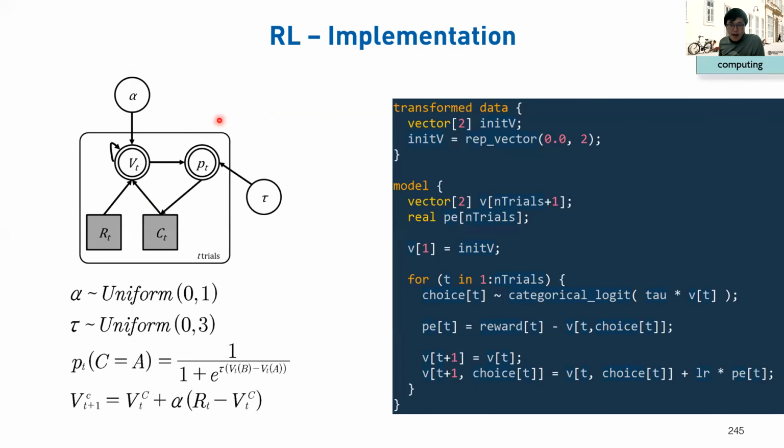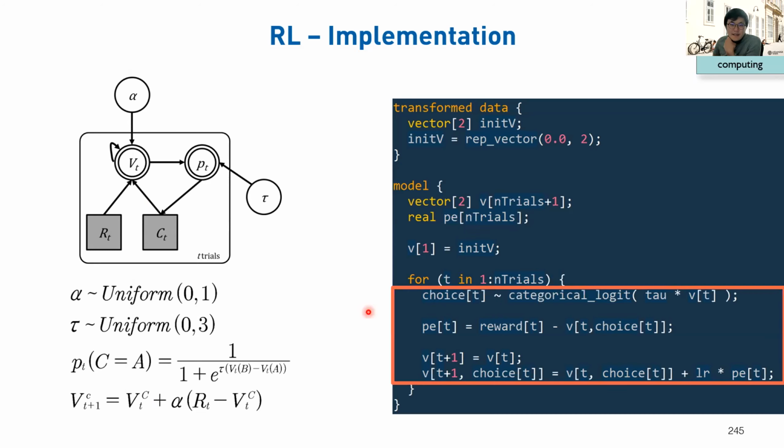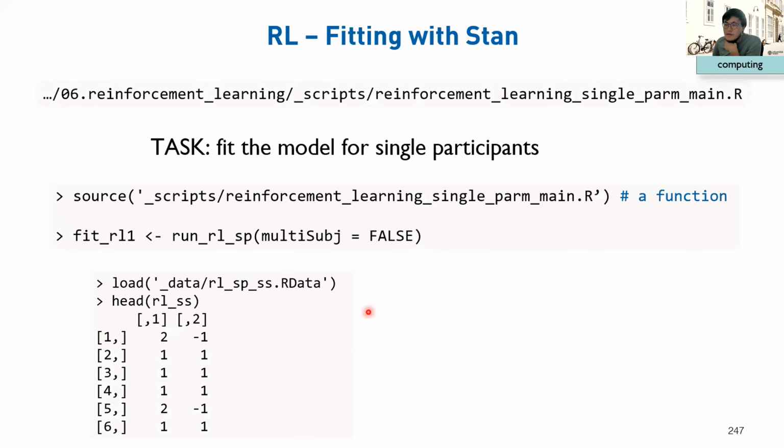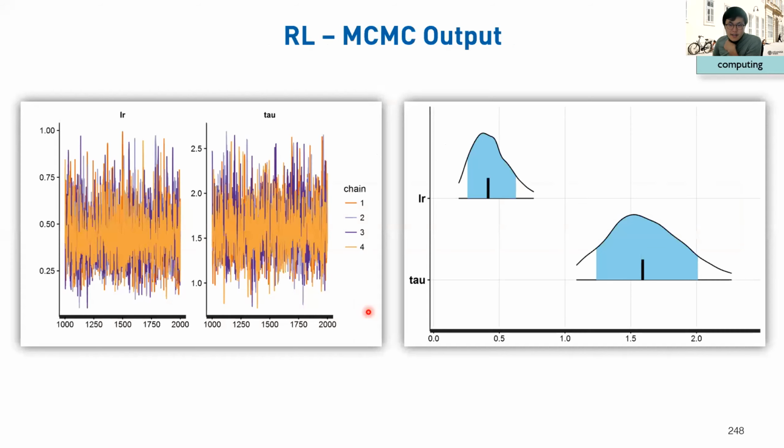So now I'm back to the screen sharing of the slides. What we want to do now is, assuming we just run everything, we run the model, and what we want to have is the posterior parameter distributions of our learning rates and the softmax temperature, right? So let's think about that a little bit.